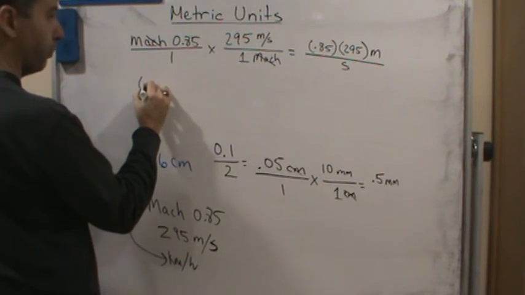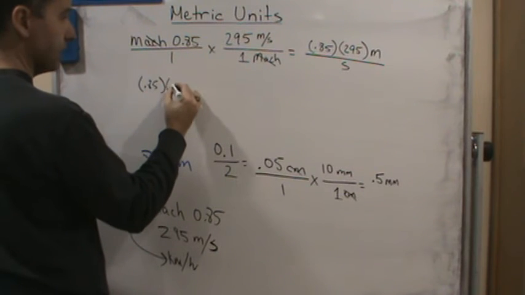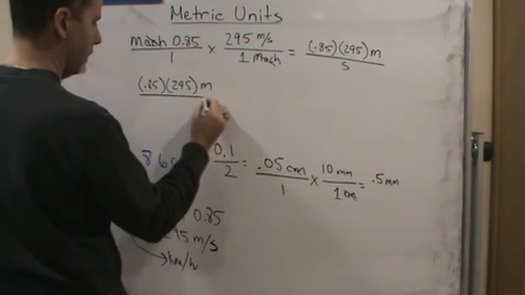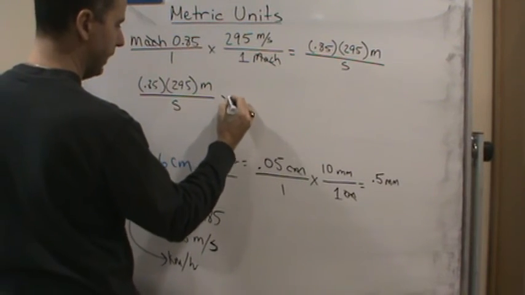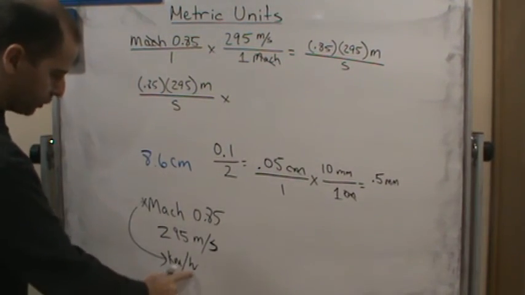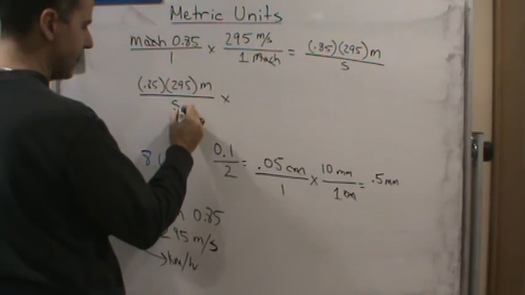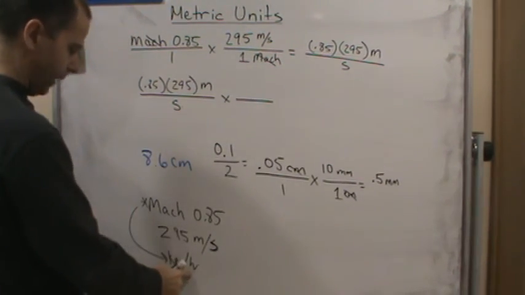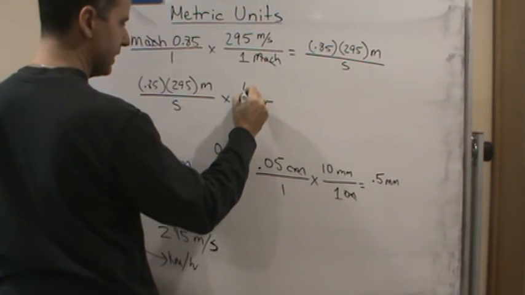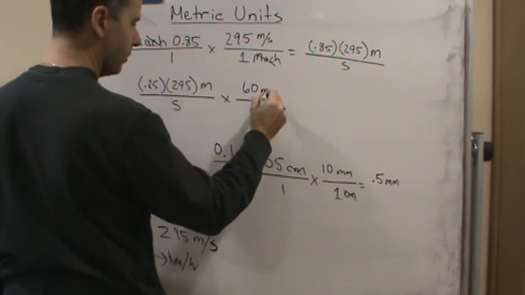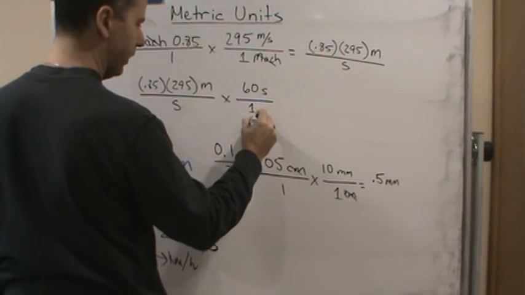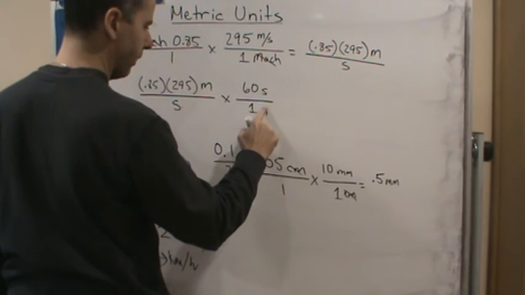So we could start with 0.85 times 295 meters over second. And now we need to go to kilometers per hour. So we're in seconds, right? So let's go to hours. Well, there's 60 seconds in 1 minute.